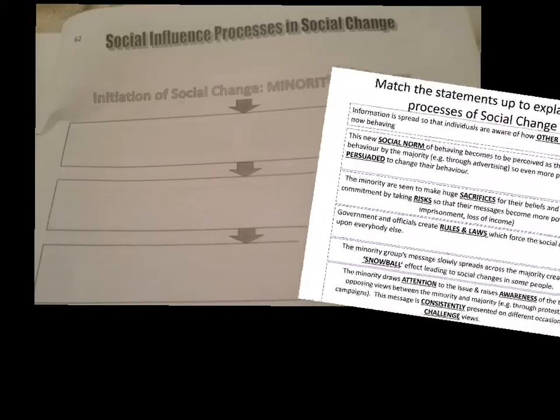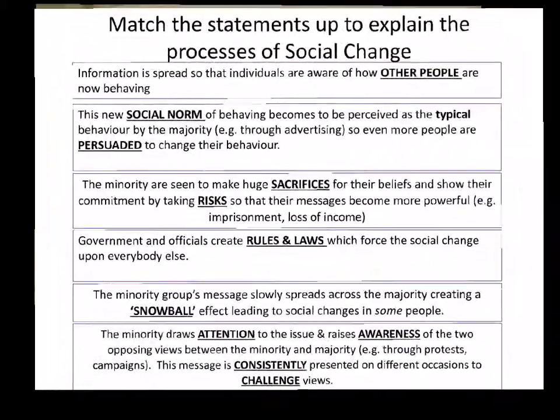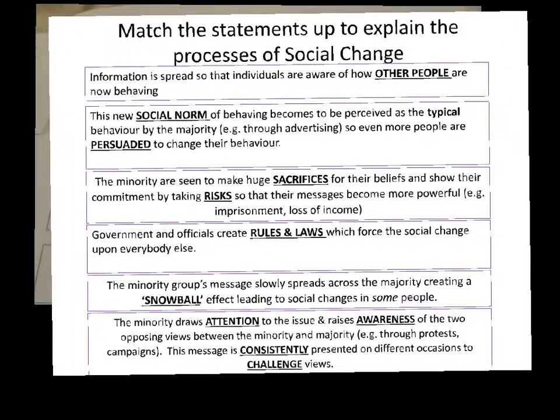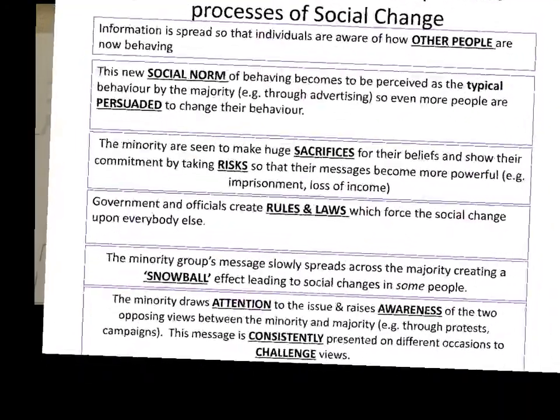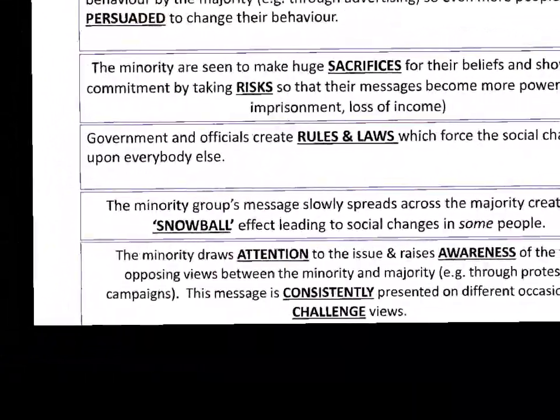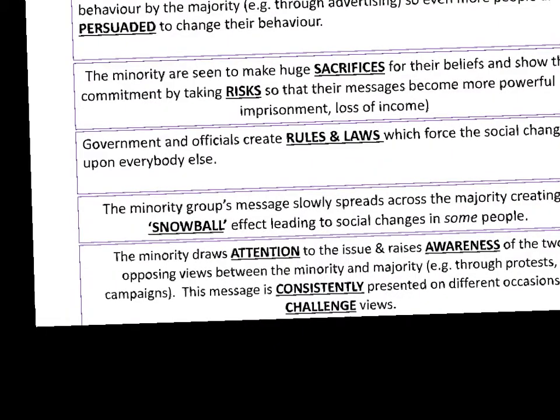And then all we need to do, still looking at the minority influence, is think about what that final step in the process would be. Now, the process of paying attention to these new minority views does not happen very, very quickly. So what we see at this point in time is what we refer to as a snowball effect.